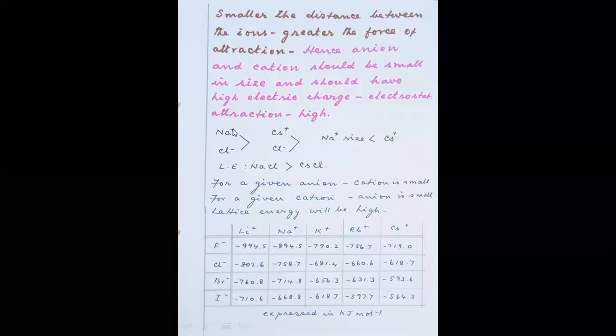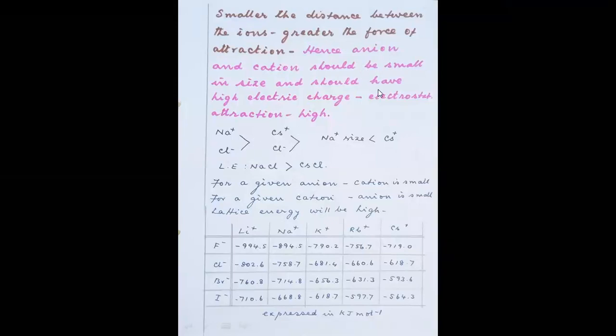So if you measure the density of the charge in sodium plus ion and in cesium plus ion, charge density in sodium plus is high, but charge density in cesium plus is less, because the sodium plus ion is of a smaller size and the cesium plus ion is of bigger size. So when charge density is high, the force of attraction will be high. The electrostatic attraction will be high.